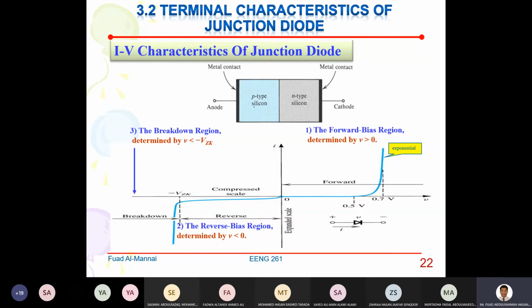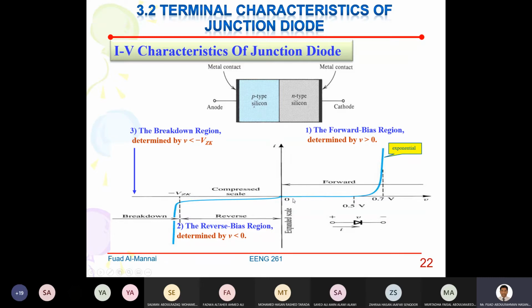So I have ID over VD, and I have the forward bias and reverse bias. Let's look at the forward bias. Hey you guys, this is commercial. This is not ideal. This is a commercial silicon diode.